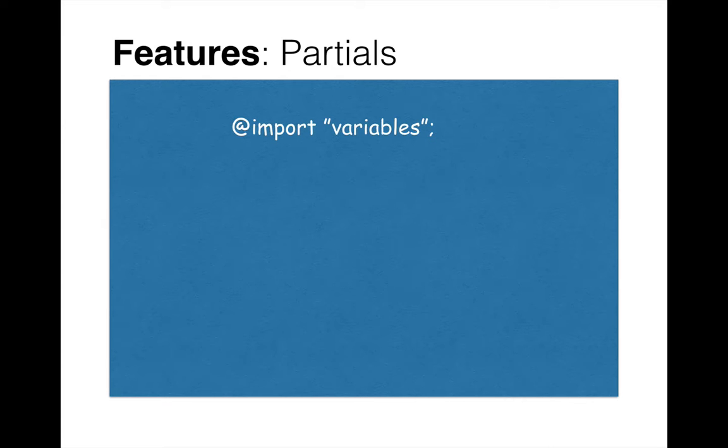Every bit is saved in its own Sass file, and then when you want to use this file, you use the import with this arroba sign in front of the import name, and then between quotation marks you use the name of this file.